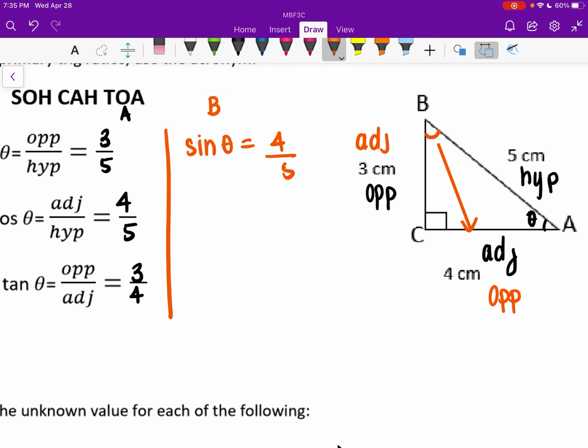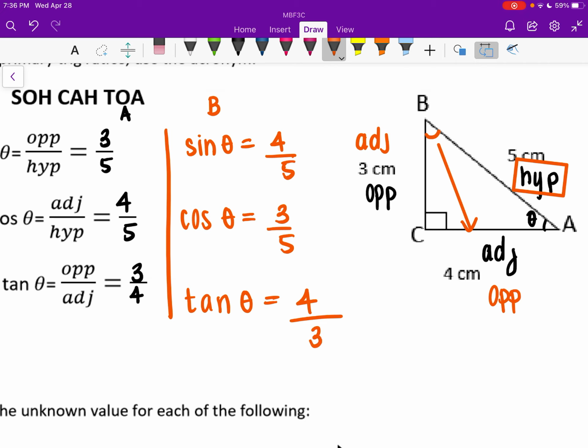Hypotenuse is still 5, right? Because that doesn't change. So 4 over 5. Our cosine theta is going to be adjacent over hypotenuse, so 3 over 5, right? And then tan theta is going to be opposite, which in this situation would be 4, over adjacent, which in this situation would be 3. So they're similar, but the numbers have changed around a little bit.